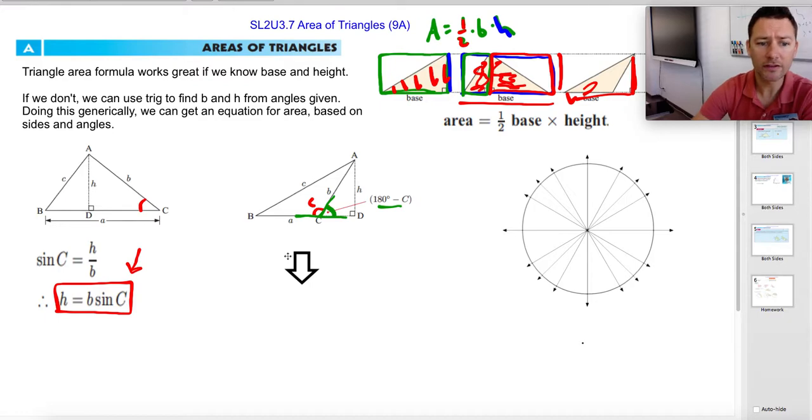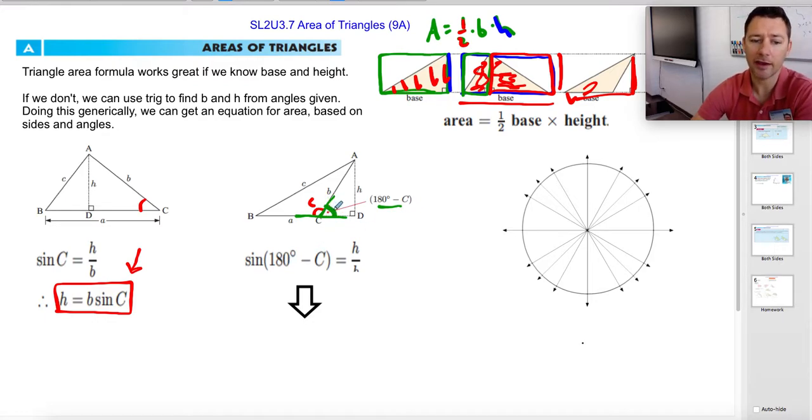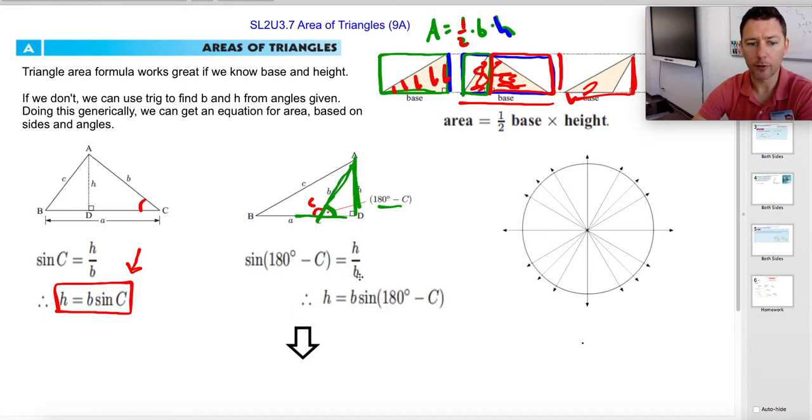So we can still say that the sine of this angle, sine of 180 minus C, whatever that is, should be opposite over hypotenuse, H over B. Right? They should equal the same thing. Okay, so therefore height is B times the sine of 180 minus C, whatever that is.